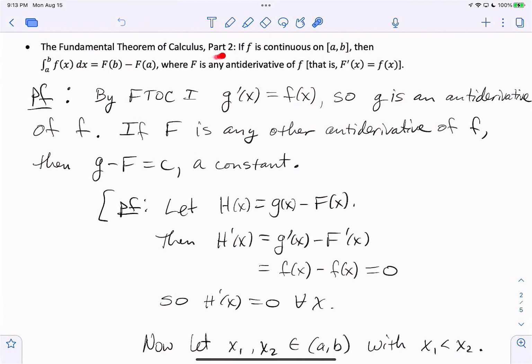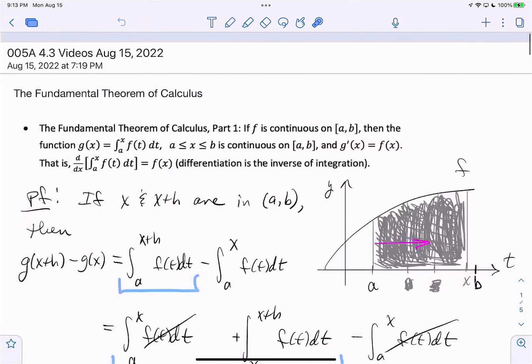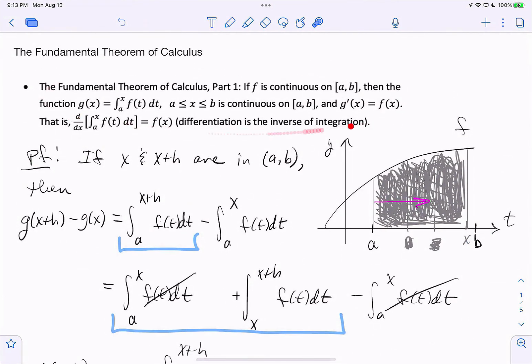This Part 1 and Part 2, they are not universal. The author that I'm pulling this from chose this part of it to be Part 2 and the other one to be Part 1. With some authors, they've chosen this one to be the Fundamental Theorem of Calculus Part 1, and then what we called Part 1, they call Part 2.